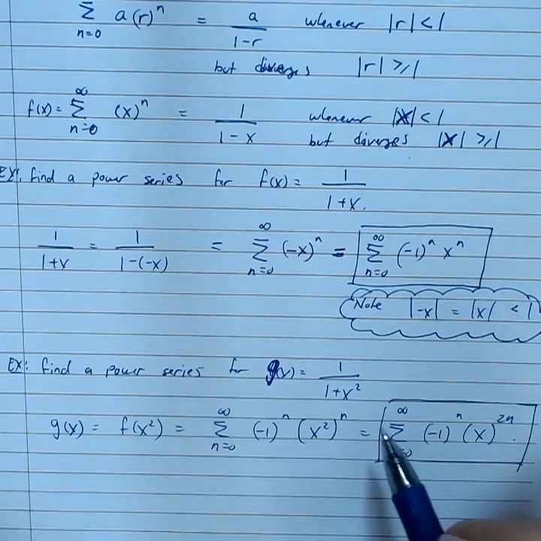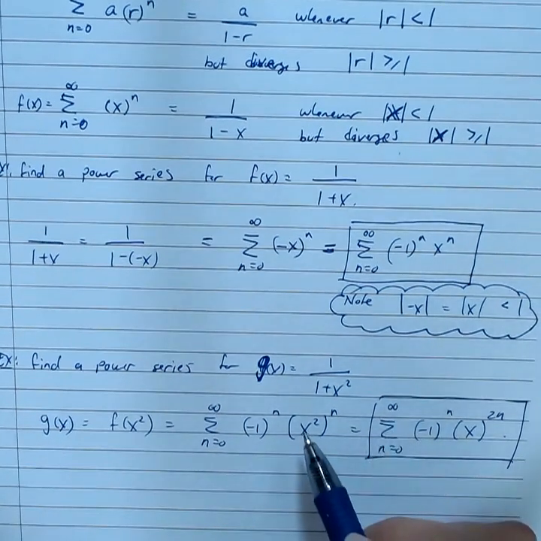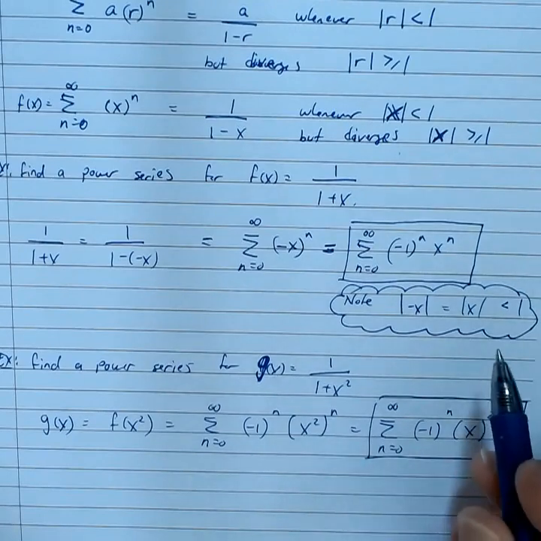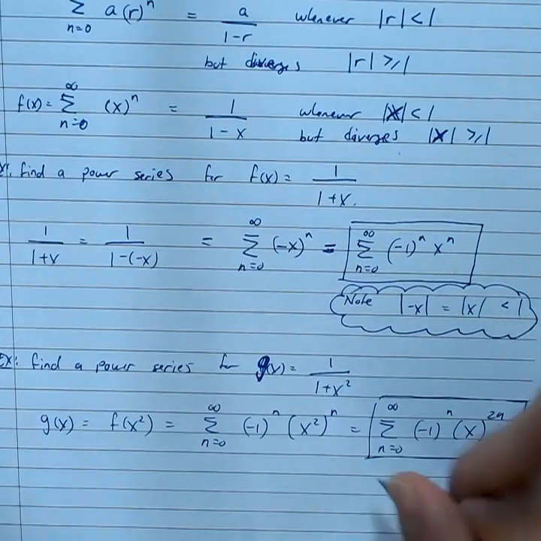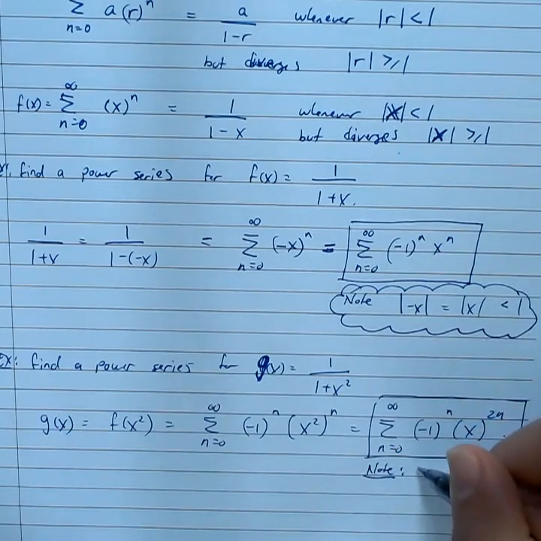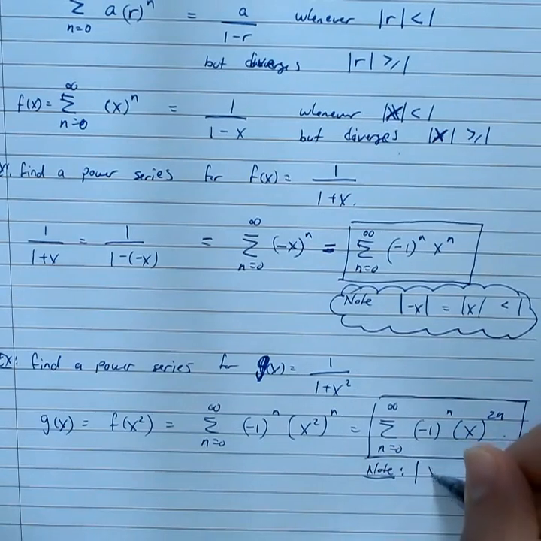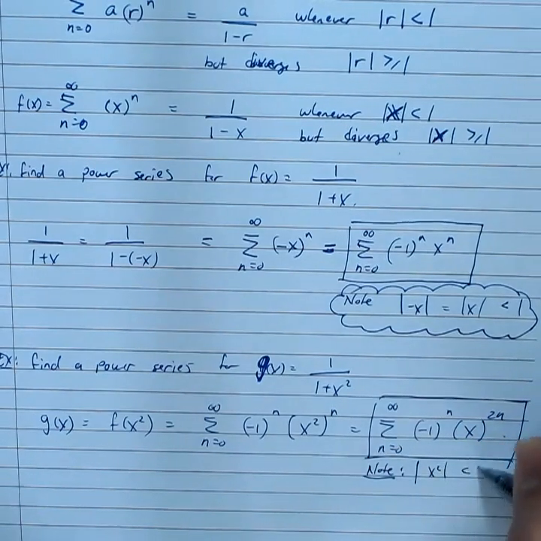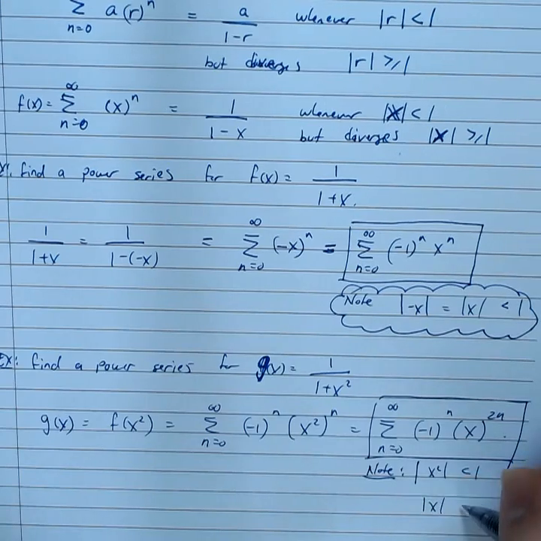Notice again that we need our expression here, the thing that we substituted in, to be in absolute value less than 1. So here note that we still consider an interval of convergence, namely we need the absolute value of x squared to be less than 1, which is really just the same as saying the absolute value of x is less than 1.